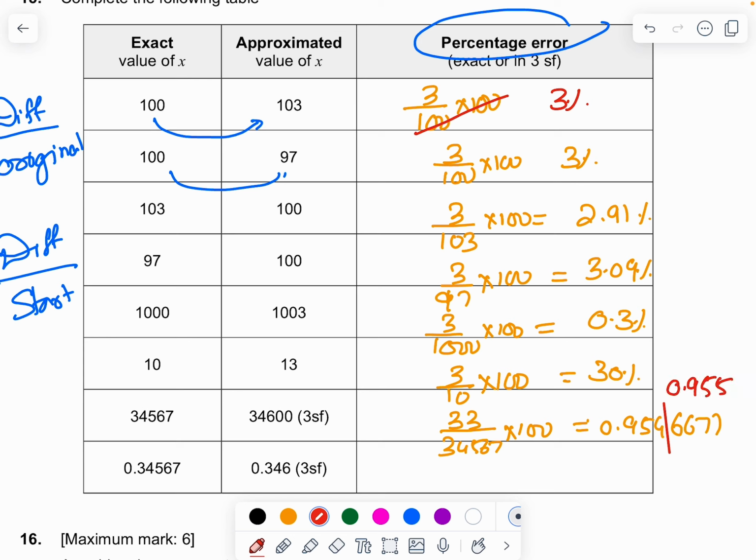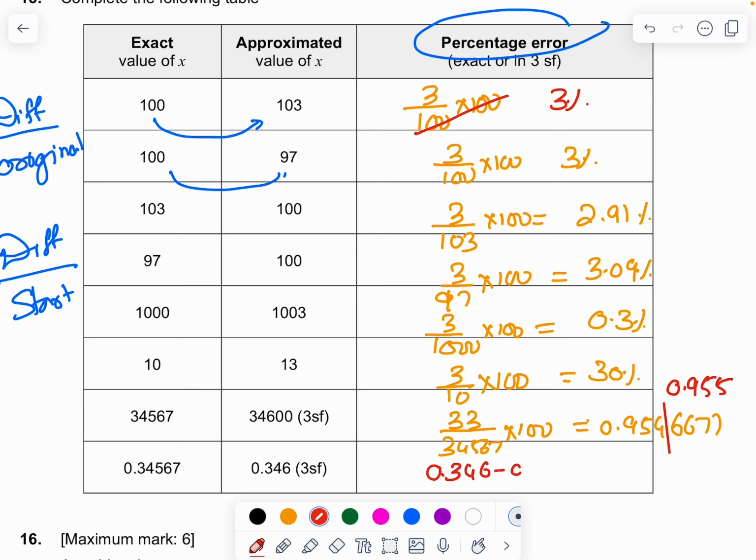And finally, this one also will become 0.346 minus 0.34567, then divided by 0.34567 times 100. When I do that one, I will be getting the same answer, 0.346.